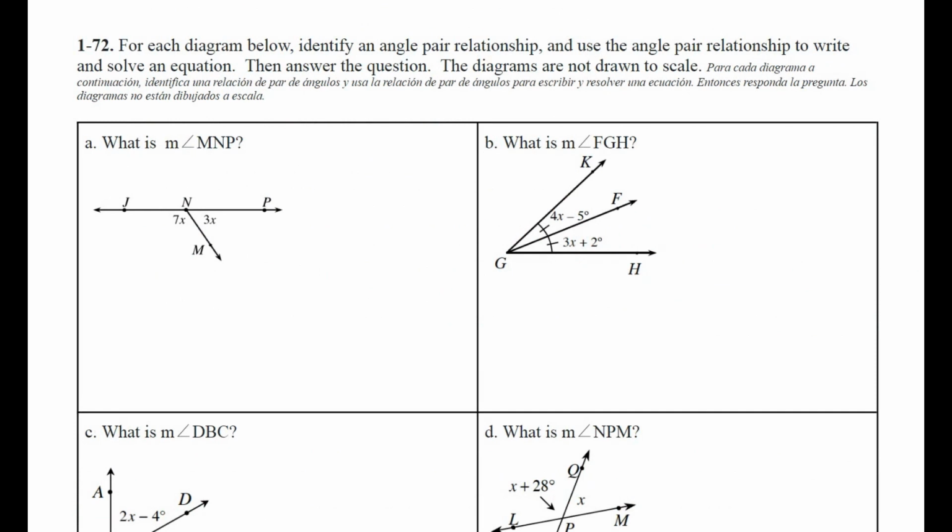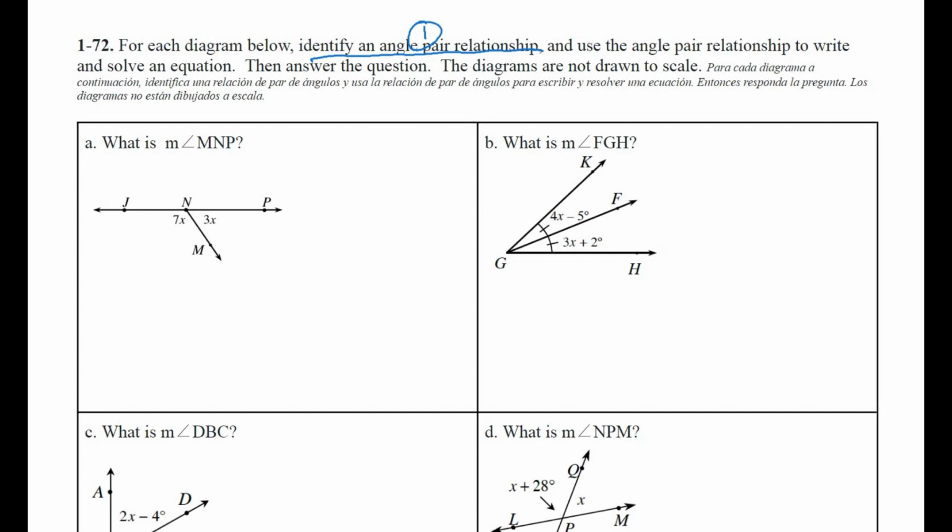Last problem, 1-72. For each of the diagrams below, identify an angle pair relationship and use the angle pair relationship to write and solve an equation. And then we're going to answer the question. So this really has 3 parts. We're going to first identify an angle pair relationship. I'll do that in blue.